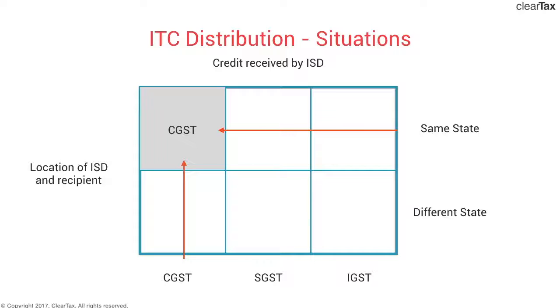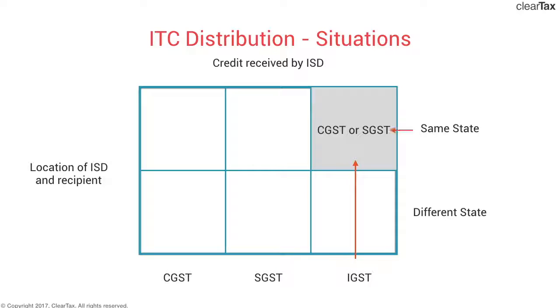The next box is for credit received SGST, same state. SGST can be distributed as SGST only. The third situation is where the ISD has received credit for IGST. He can distribute it as CGST or SGST if the supplier, the recipient, is within the same state.